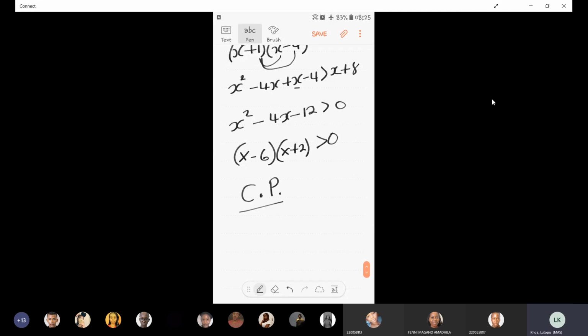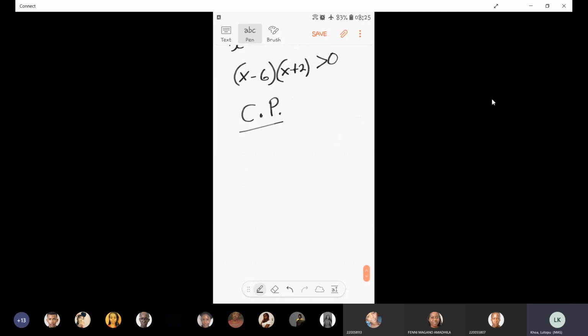So you can see with these questions, nothing is in isolation. So doing logarithmic inequalities, you should still know how to work out quadratic inequalities. So everything is interlinked. So you have x minus 6 is equal to 0. This means that x is equal to 6. And here x plus 2 is equal to 0. This means that x is equal to minus 2.